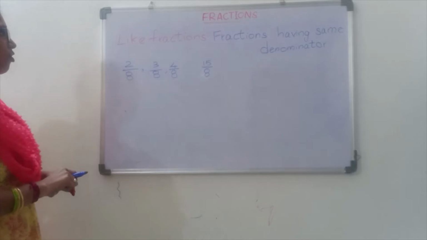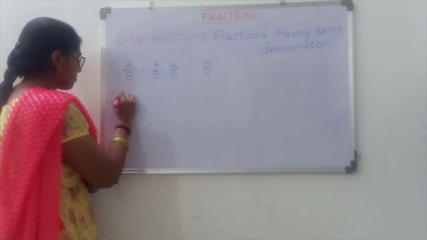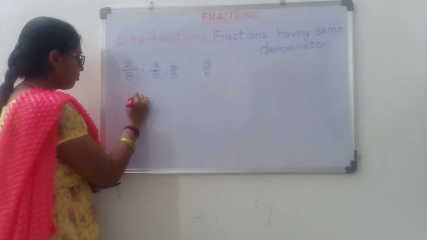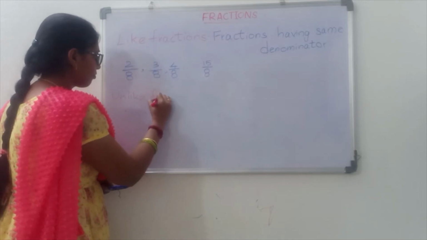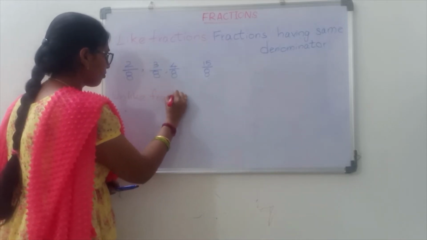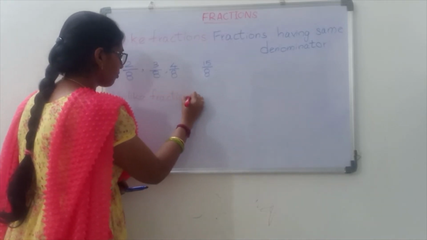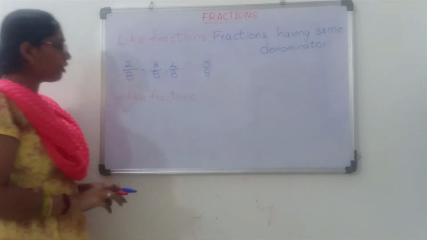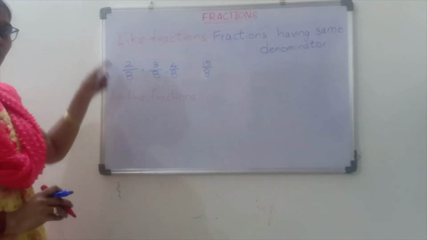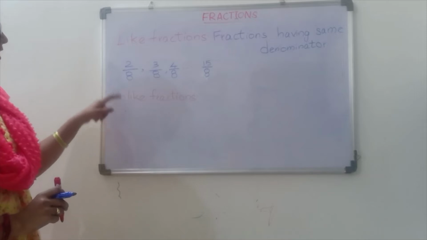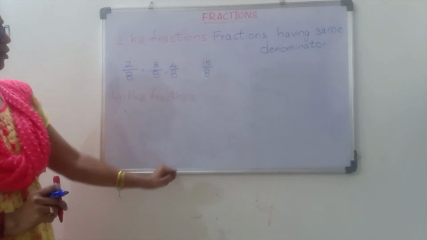Another type of fractions are unlike fractions. What are unlike fractions? What is the opposite of like, children? Unlike. That means here fractions do not have the same denominator.